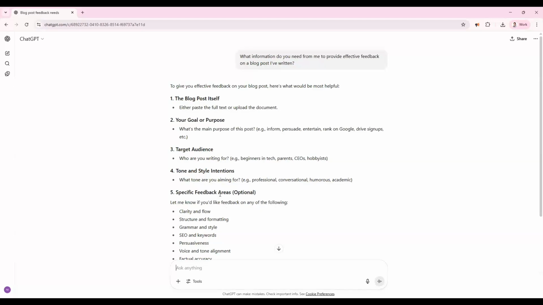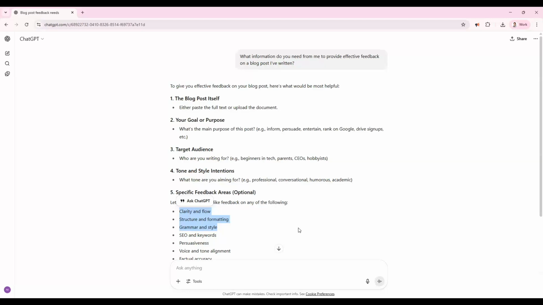And then things like the specific feedback areas. Clarity and flow are going to be important, structure and formatting, grammar and style. Say, for instance, that you make mistakes when you are writing, and those mistakes are usually grammar mistakes, and maybe you want to make sure that you don't make those mistakes in this blog post.